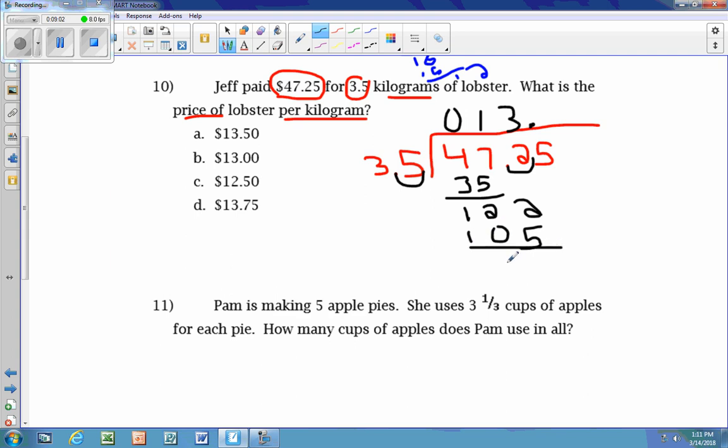And when we subtract this, we have to see now how many times does 35 go into 175. 35 goes into 175 5 times. And we come out with 13 5/10. When I look through all of these, it cannot be this choice, it cannot be this choice, and it cannot be this choice. And it's okay that there's an extra 0 on the outside. It's $13.50.